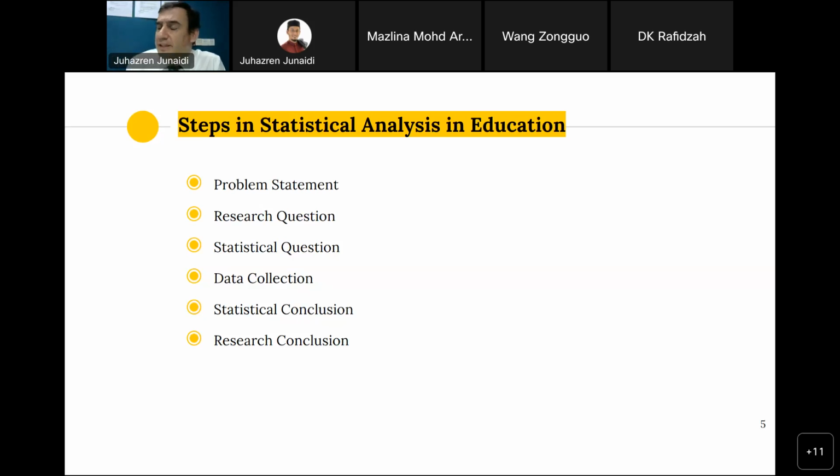And then you collect the data through the data collection process, and then you end up with statistical conclusion. The statistical conclusion, if you have set the hypothesis, if you are doing a hypothesis testing, can have only two results, and they are mutually exclusive.